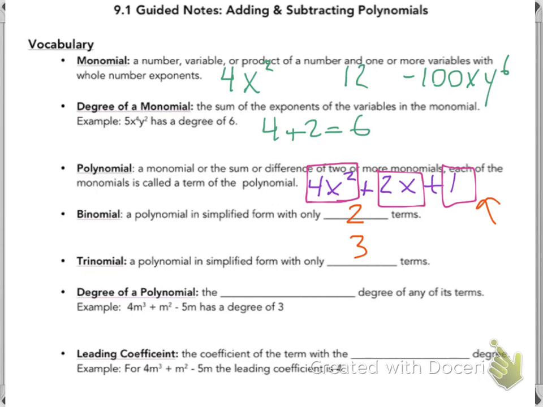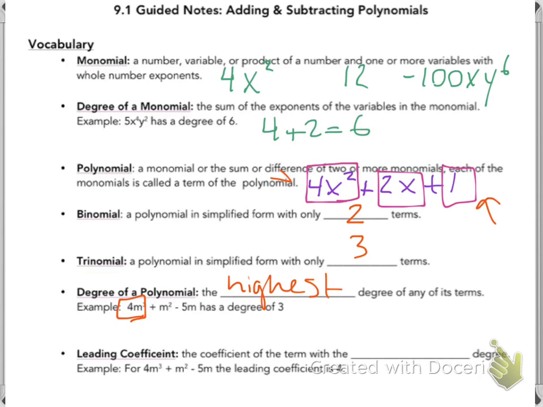The degree of a polynomial is the highest degree of any of its terms. So for example, 4m cubed plus m squared minus 5m would have a degree of 3 because that's the highest degree of the polynomial.